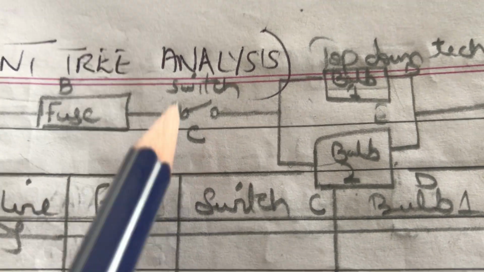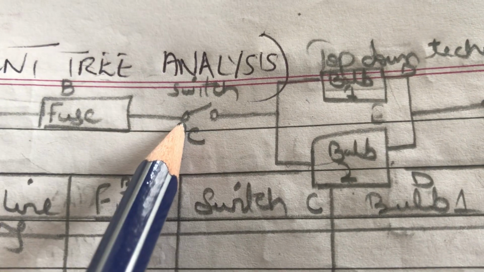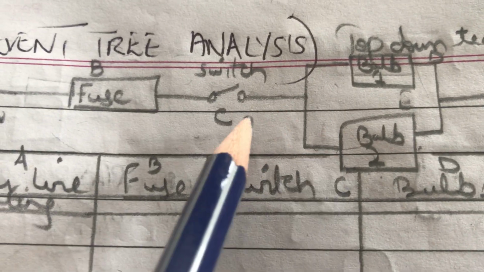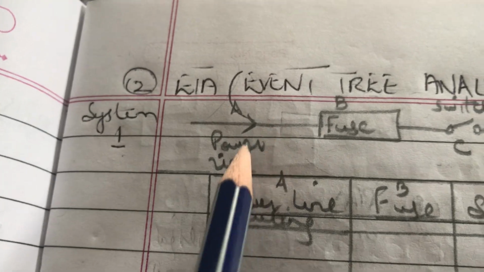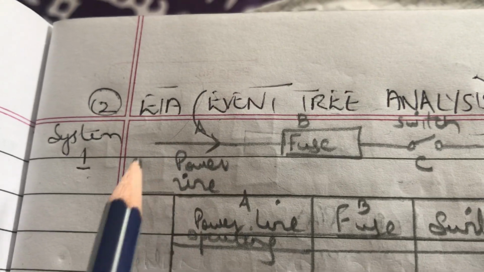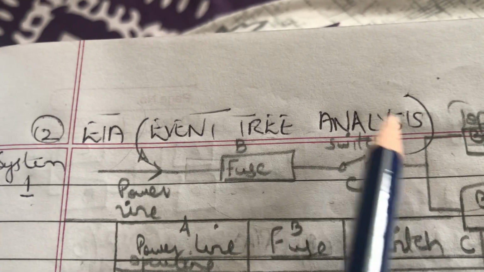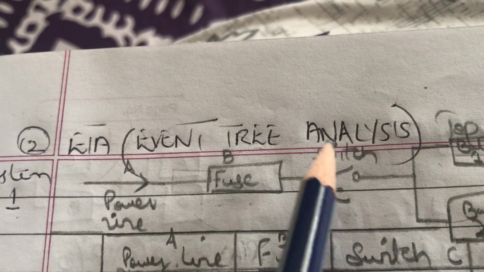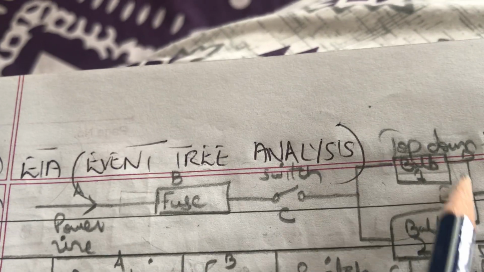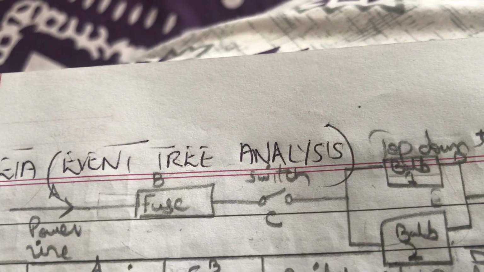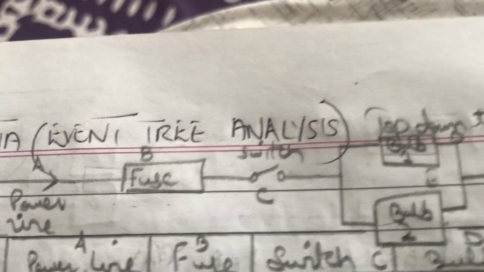First they are getting power from the power line. Then there is a fuse, and this fuse is connected to the switch. Obviously when we close this switch, our bulbs will light up. So this is our system.